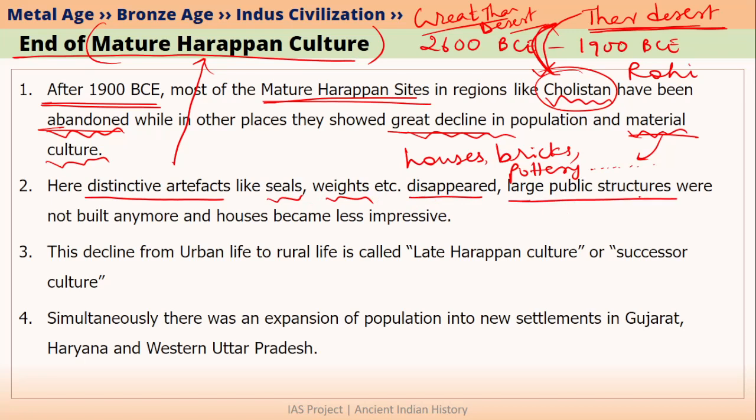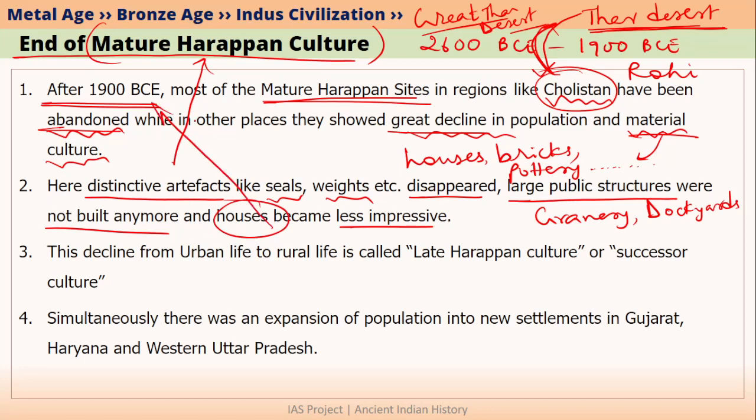Moreover, large public structures like granaries, dockyards and shipyards were either not built anymore or were less impressive. The houses people built after 1900 were also less impressive compared to mature Harappan houses.